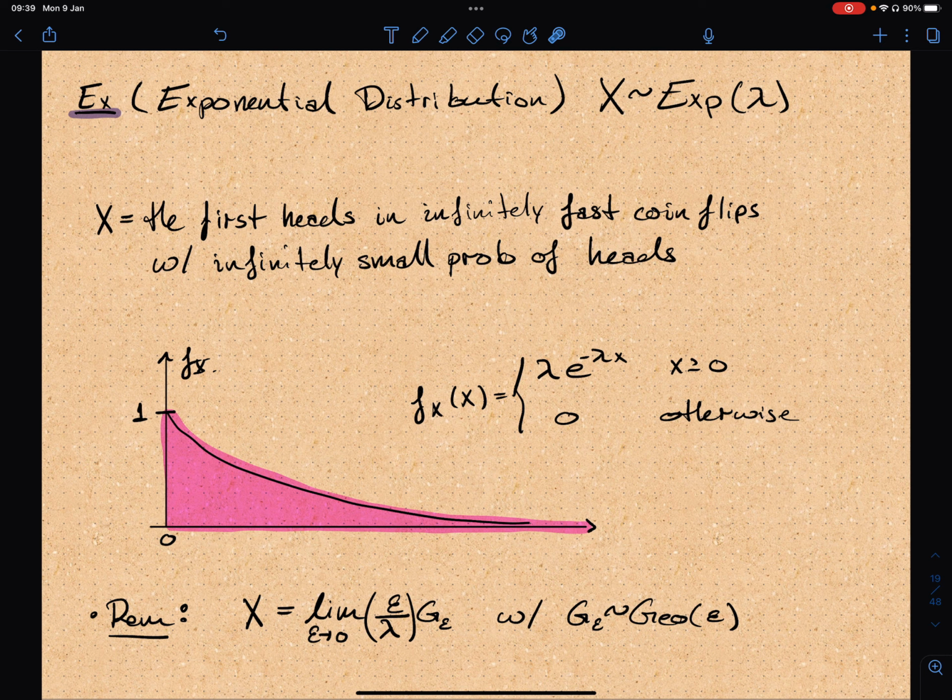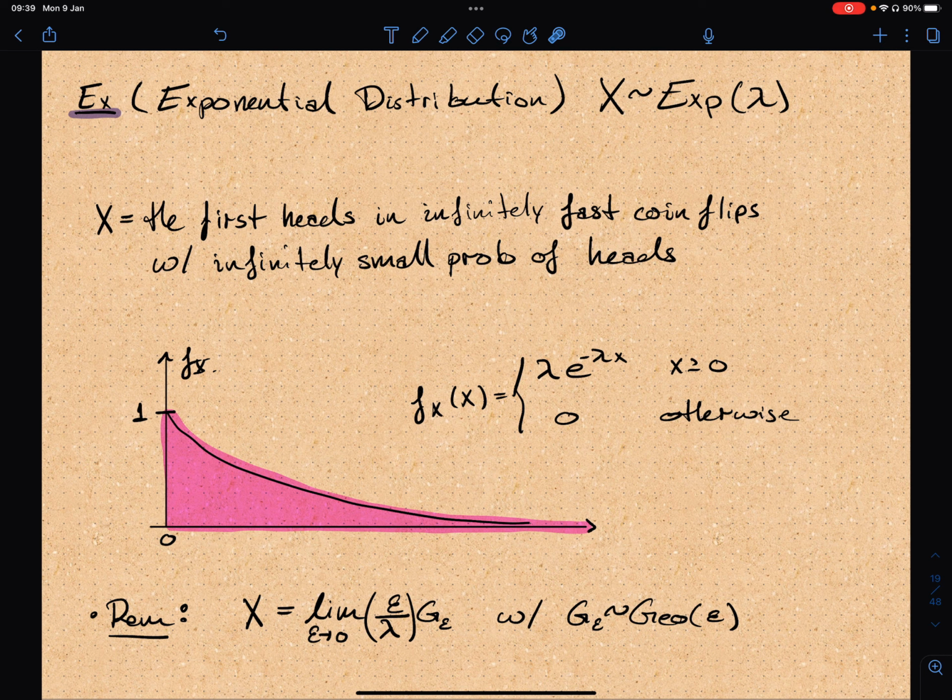So you make it arbitrarily close to 0, and when the probability of heads is really low, then it's going to take you a lot of coin flips to actually get that first head. So you're going to be flipping that coin for a long time. And if you flip it every second, it's going to take forever to do it.